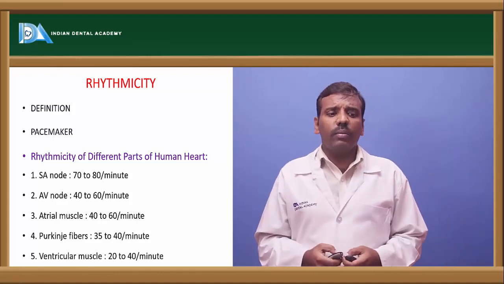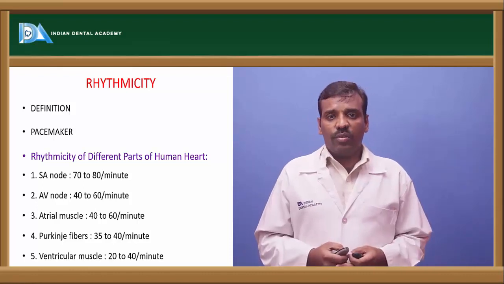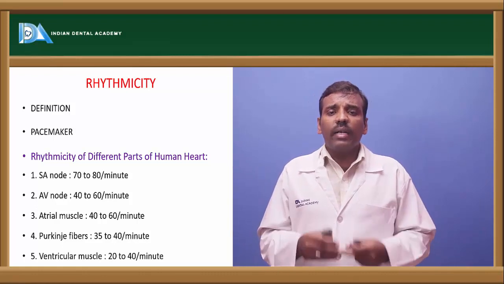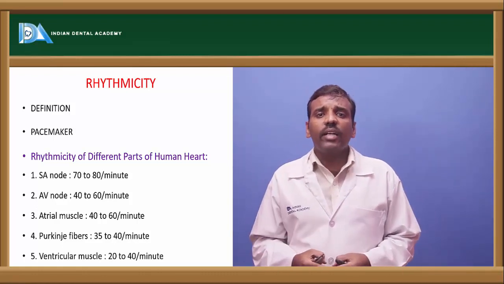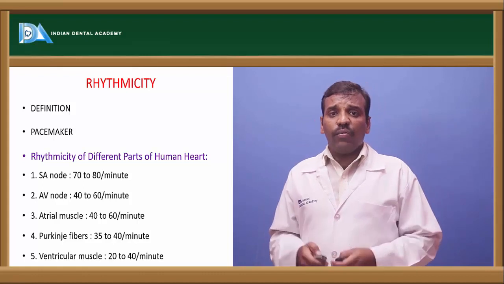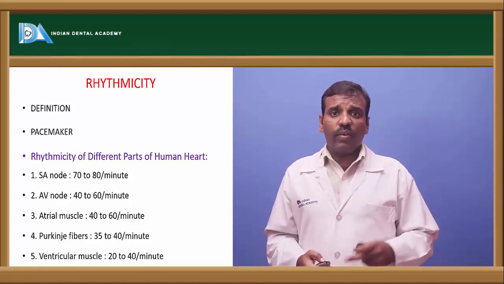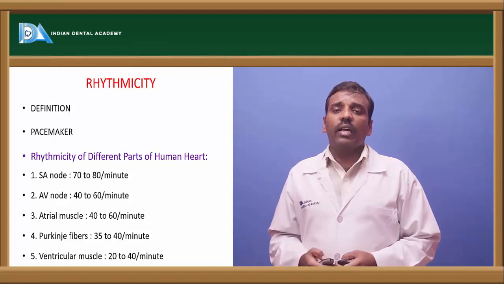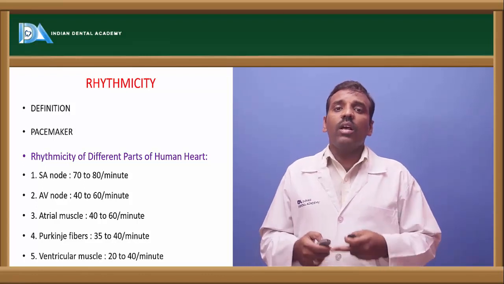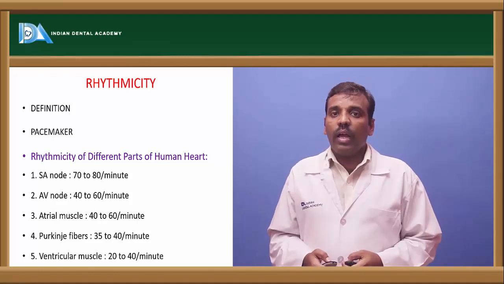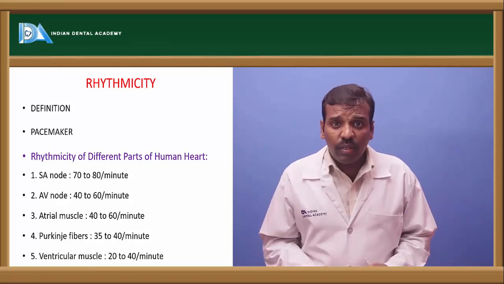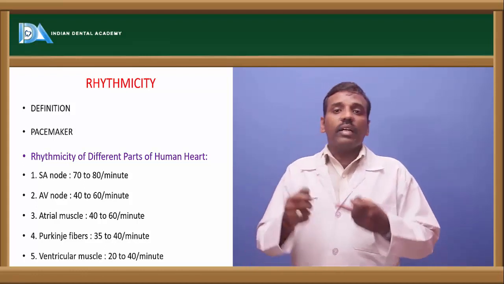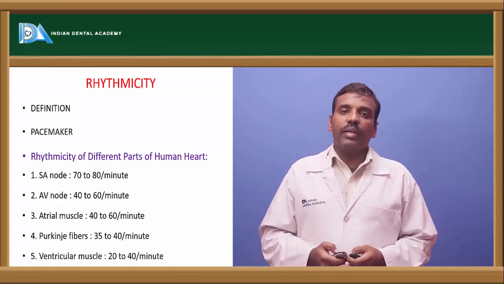Before the Purkinje fibers, there is the bundle of His, and through the bundle of His, the Purkinje fibers supply directly to the cardiac muscle. If this becomes the pacemaker, when all the above conductive system is not working, then the Purkinje fibers generate their own impulses, and the heartbeat is about 35 to 40 beats per minute.